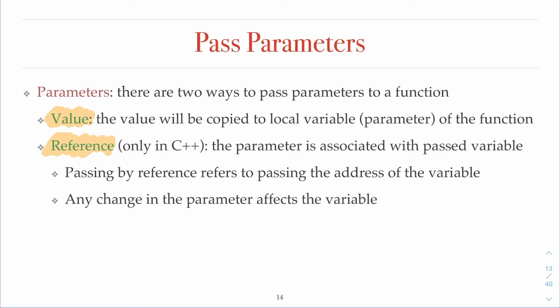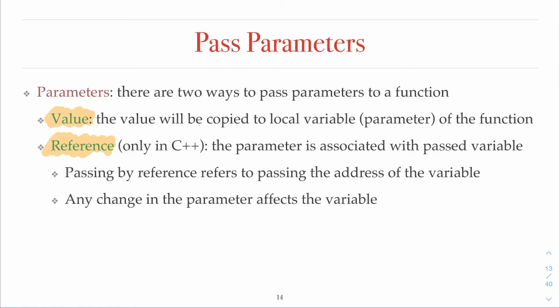Okay, passing by value means the parameter you have in the function is actually a local variable inside the function, and when you call that function, the value that you pass in will be copied into that local variable.